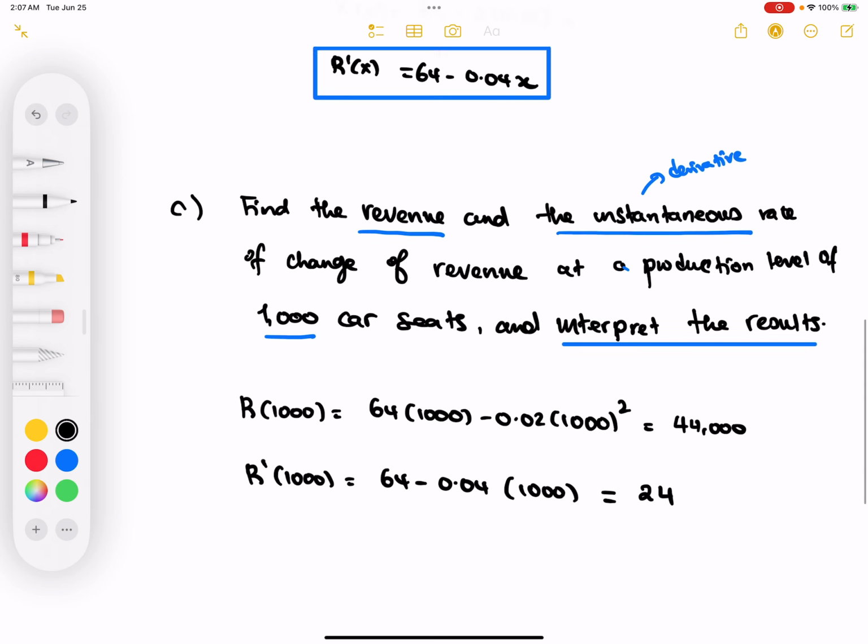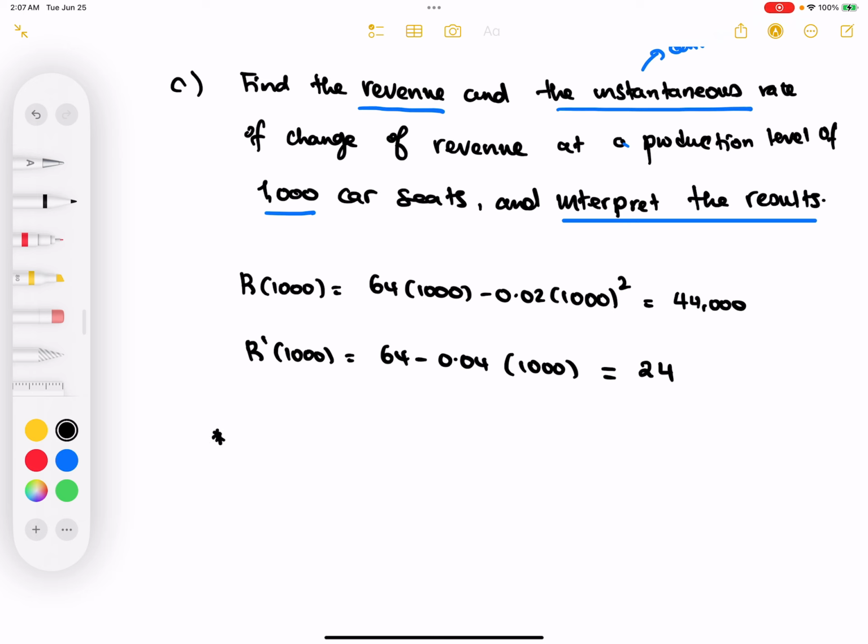Now the interpretation is important here, the interpretation of your result.